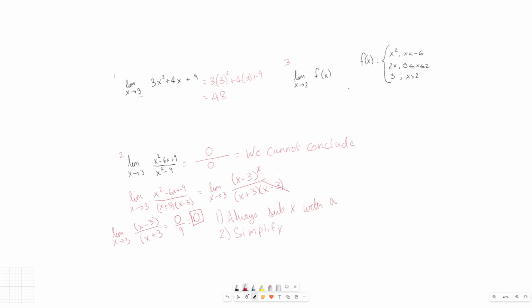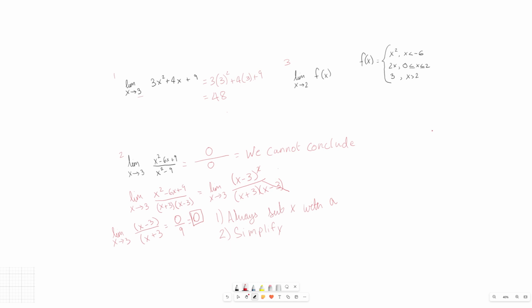So for the third one, it's another type, and this one relates to graphs. It requires more thinking. So they're asking the limit as x approaches 2 of f of x. And this is where the rule I told you about comes in, the limit of the left-hand side and the limit of the right-hand side existing and matching.